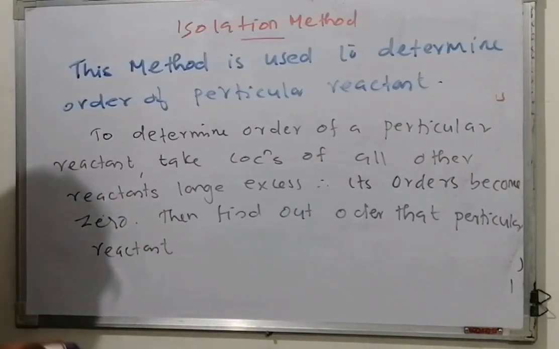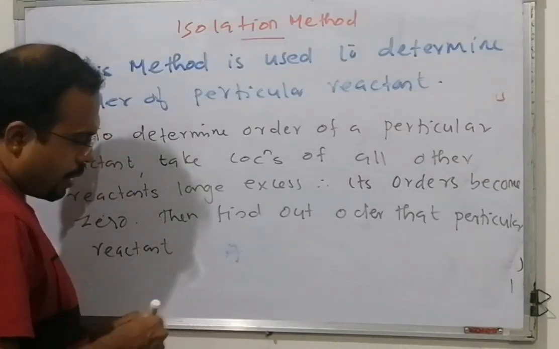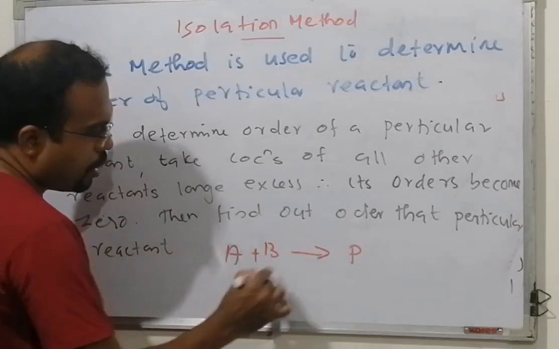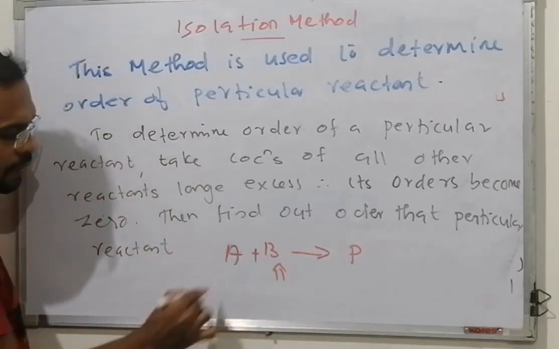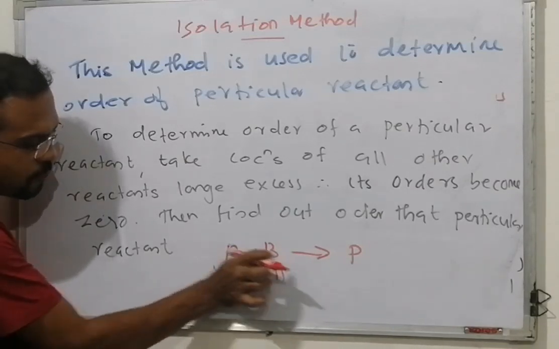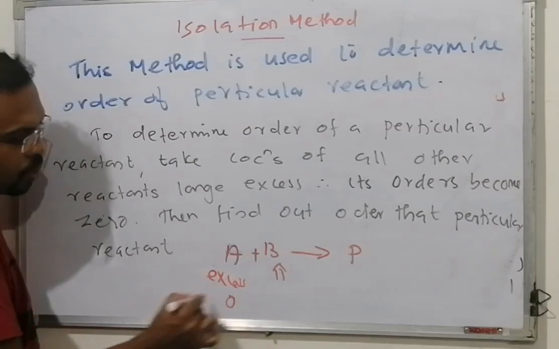Okay. Suppose you have a reaction A plus B gives product. You want to know what is the order of B. Therefore, take A in very large excess quantity, so that its order becomes 0.